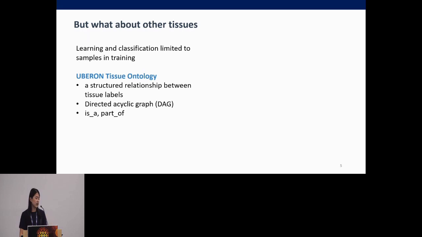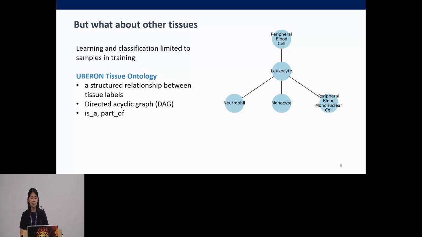We specifically use the edge types ISA and part of, which can be explained using this zoomed-in version of the ontology, especially in the blood cell types. In this example, leukocyte and peripheral blood cell are connected, which means they are related in some way in terms of their function or proximal location. The edge type is either ISA or part of, so it would mean that leukocyte is a subtype of peripheral blood cell.